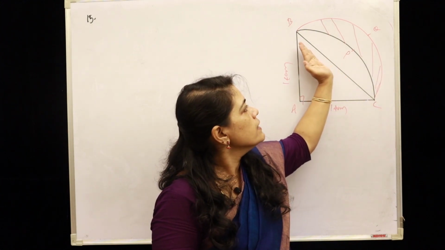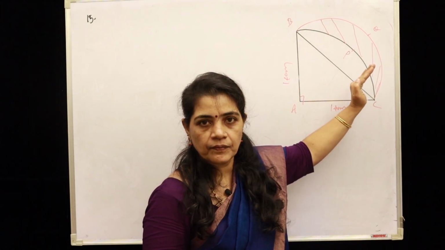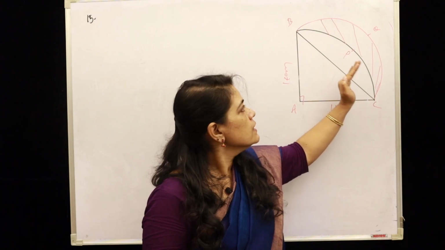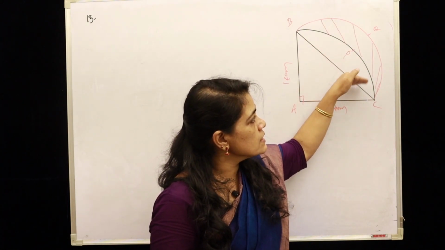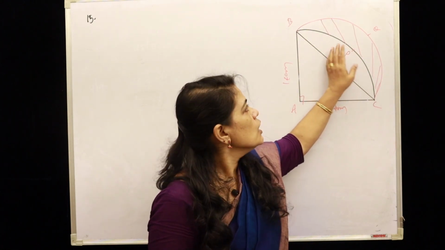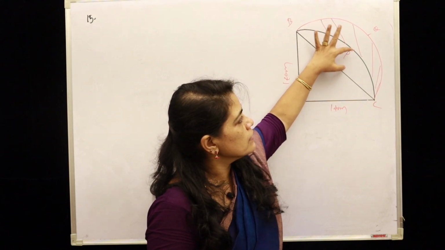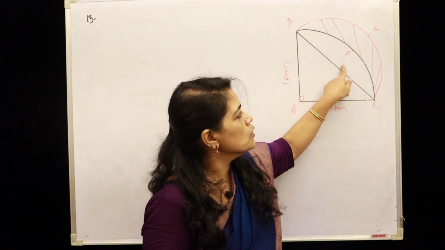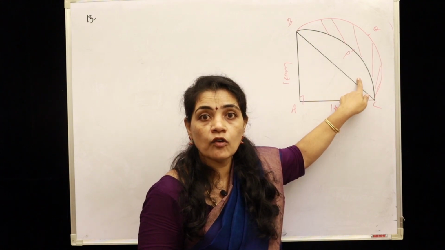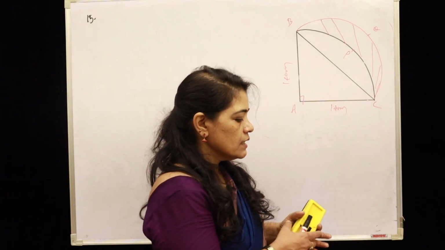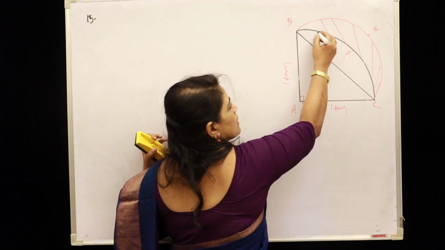And if you subtract this portion from this semicircle area, that means the area of the segment. This is the portion I am talking about now.